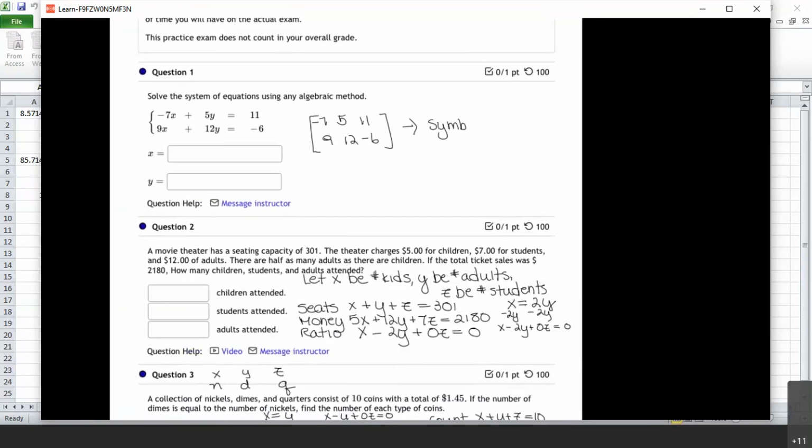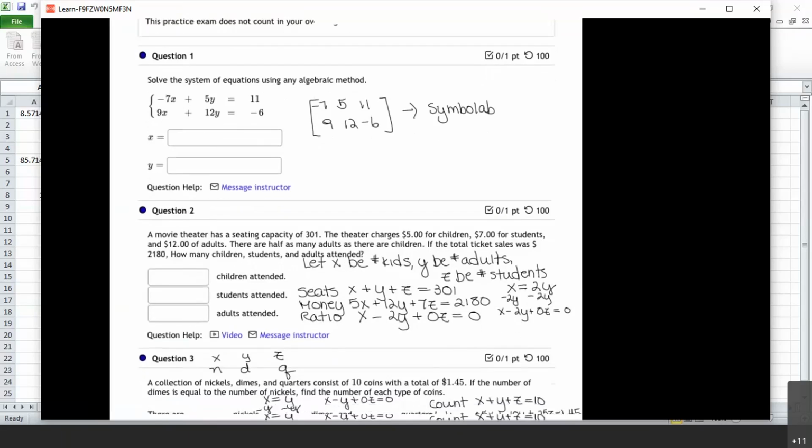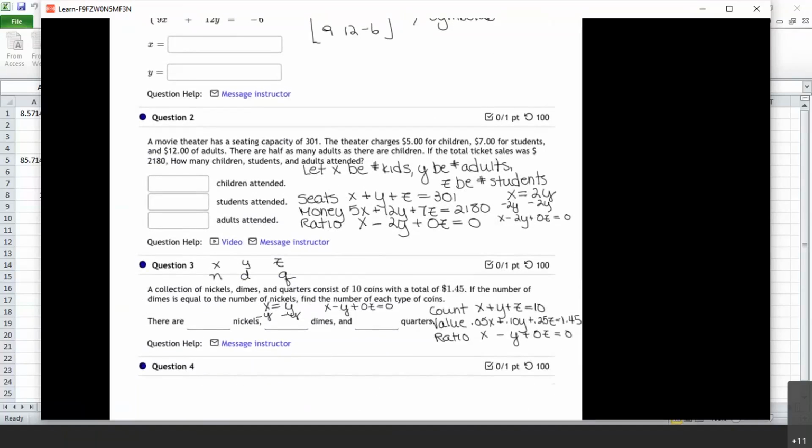I think that's pretty straightforward. It's very straightforward, as long as everybody is comfortable with using that Symbolab matrix solver, that's what you got. If you like your TI-84, the TI-84 will do this as well. Put this matrix in matrix A, and then just do RREF. All right, anybody want to see the solving of this?